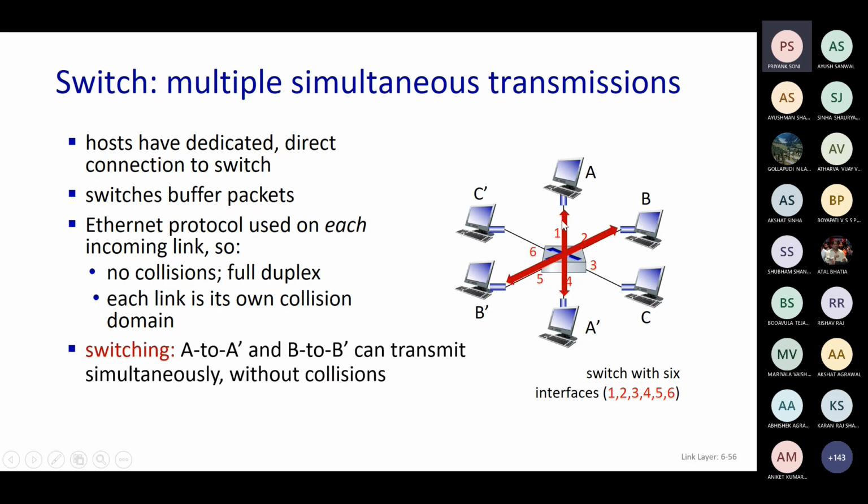So this is the full duplex communication that's happening. Switching from A to A dash and B to B dash can transmit simultaneously without any collisions. Because of these properties of switches, collisions are avoided.